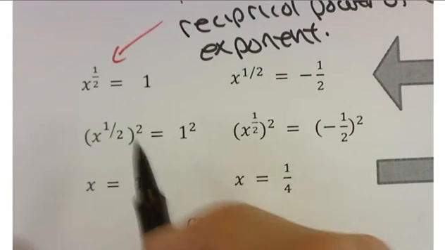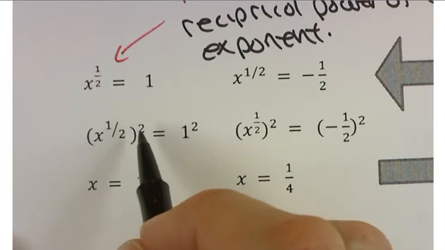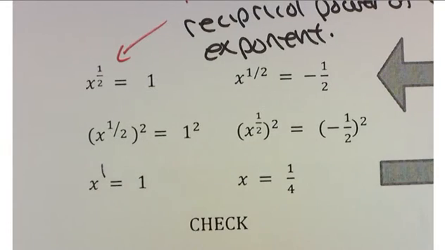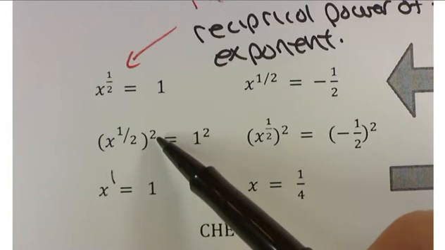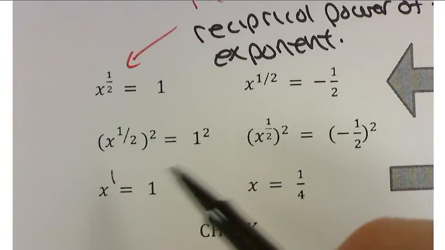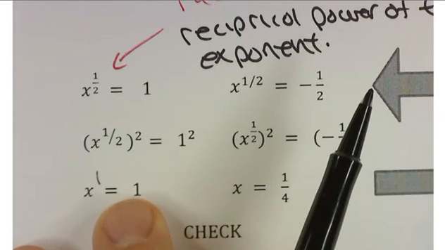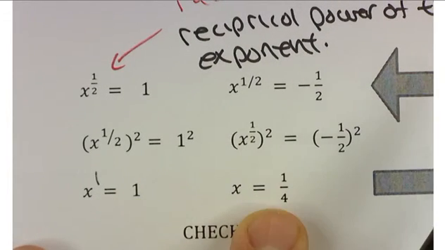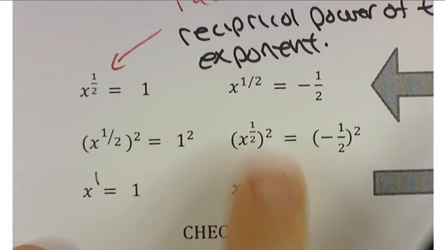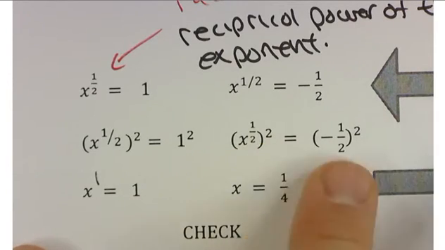Now when you square both sides, you get 2 times 1/2 is 1. And that's why this works so nicely: when you multiply a number by its reciprocal, you get 1. It's a quick way to solve. So one possibility is x equals 1. The other one is x equals 1/4. When you square 1/2, you get 1/4.